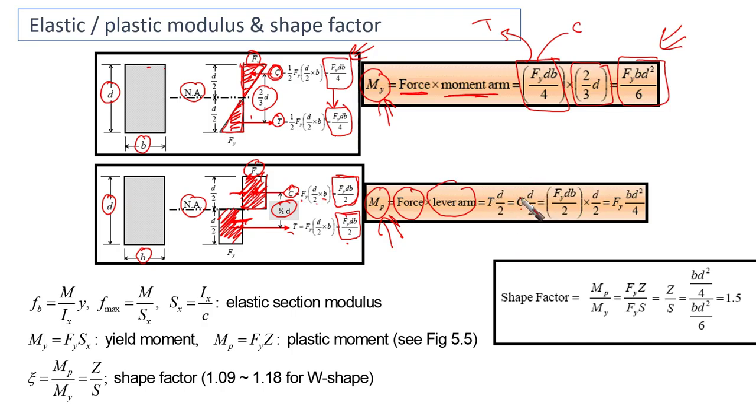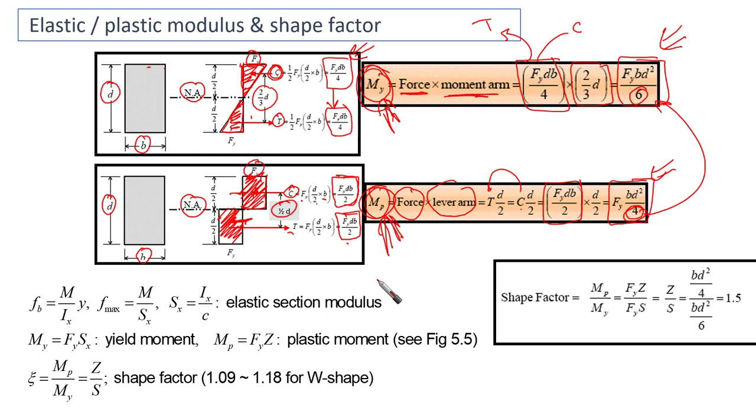T and C are the same, which equals F yield dB over 2 times D over 2. This gives us F yield BD squared over 4. It's very similar to this, but instead of over 6, it is over 4 here, right? This is the difference. This is the yield moment. This is the plastic moment.